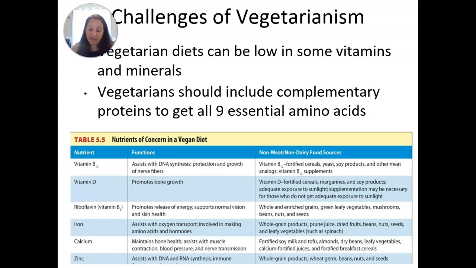Okay, so there's definitely nutrient concerns that come with trying to follow a vegetarian diet. Okay, lots of benefits, but also concerns. That is the end of chapter 7. So we are done talking about proteins.